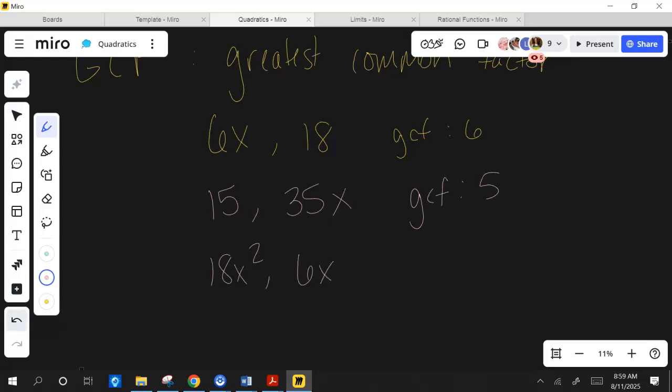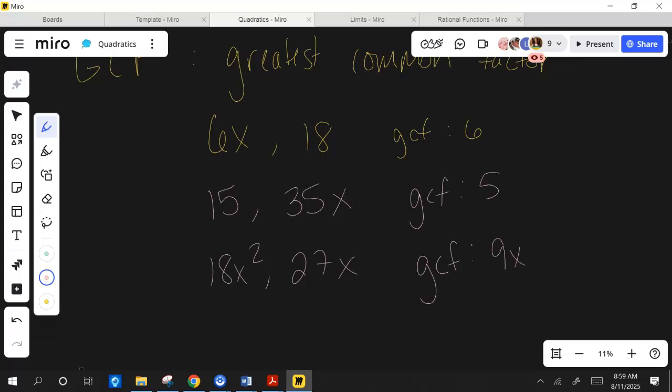Gosh, same number. Stacy, get it together. GCF, 9x. I was trying to throw you. You got 9x because I can divide both of them by x and it stays the same, right? I mean, and it goes into there. They both have an x to give, in other words.